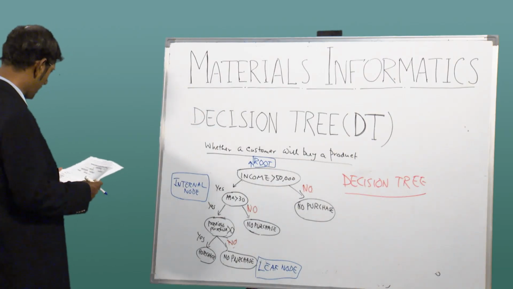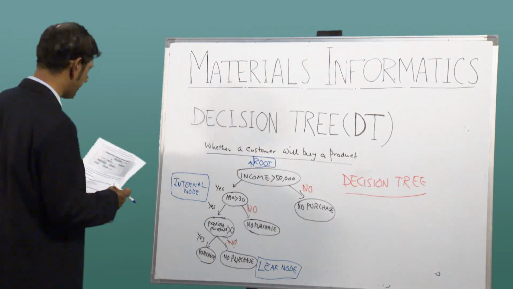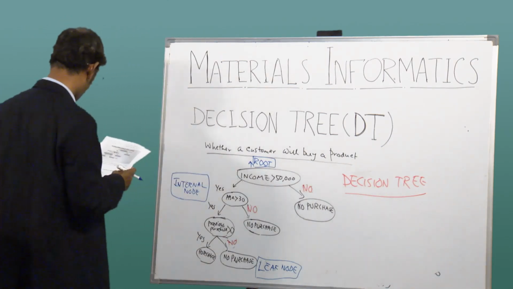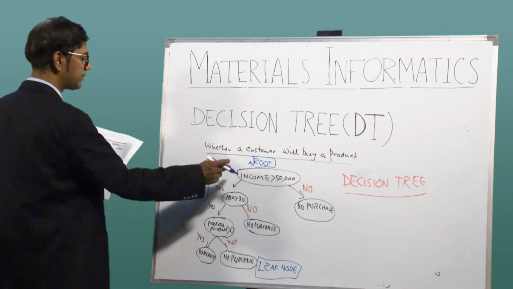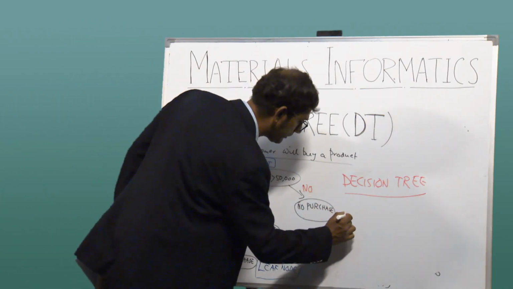Okay, remember this. So, the root node is the first question, whether the person has income more than 50,000. If yes, you go to the next step, if no, you do not go. So, you stop here, that is also called a leaf node.